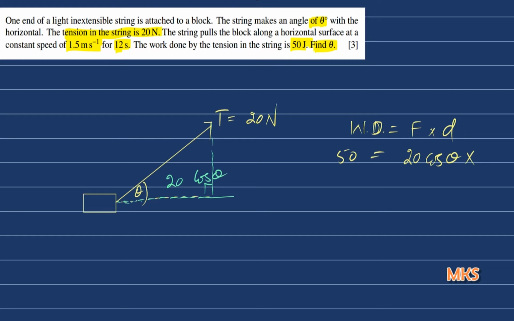Now to find the displacement, we know the constant speed. Constant speed is just like the average speed. So distance is equal to speed times time.